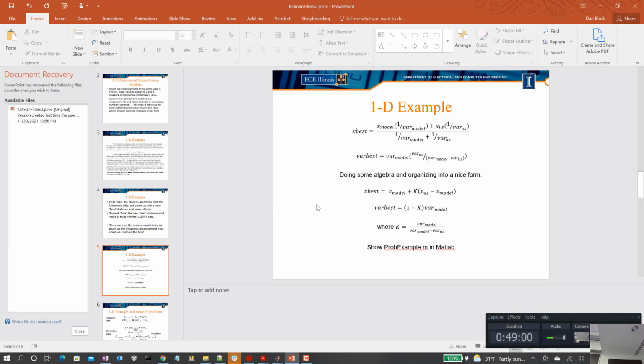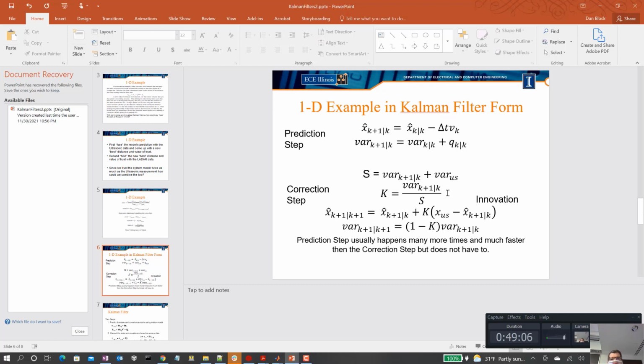And then what we'll talk about next time is this looks a lot like the matrix set of equations, where we can create the prediction step. We can create this term called S. What is our K? And then what is our correction step?